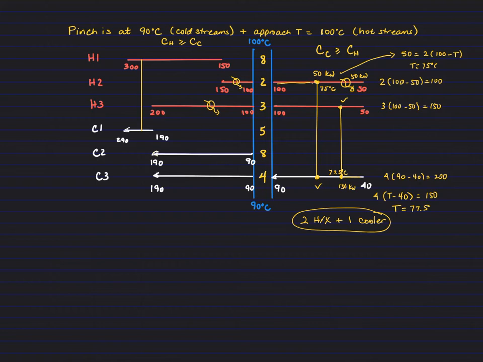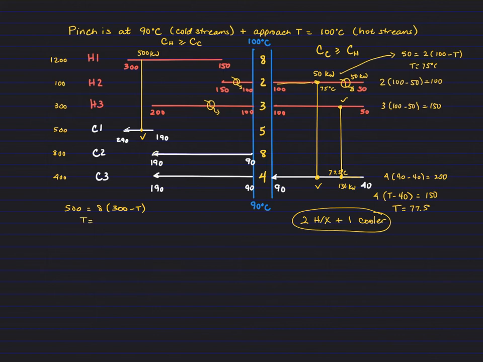Now if I calculate the Q's for each of these, I can see that from stream C1 I can use 500 kilowatts to lower the temperature for stream H1. And so 500 kilowatts here. This will be complete. 500 kilowatts is going to be 8 times 300 minus the exit temperature from this exchanger.